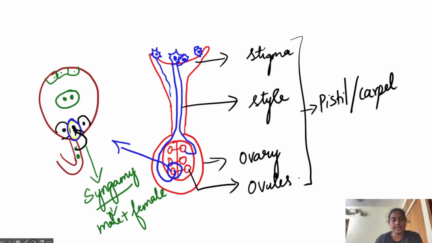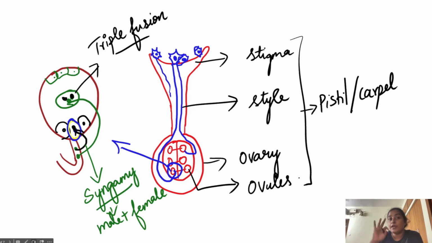That first fertilization. What happens to the other male gamete? That will fuse with the polar nuclei. Already there are 2 nuclei inside, right? One more nucleus is coming and fusing. So this second fertilization is called triple fusion. Why triple fusion?